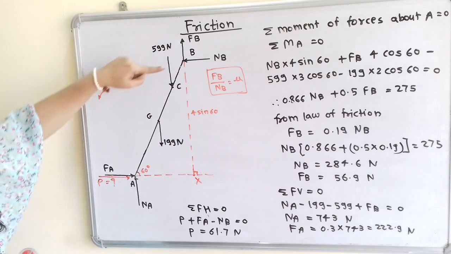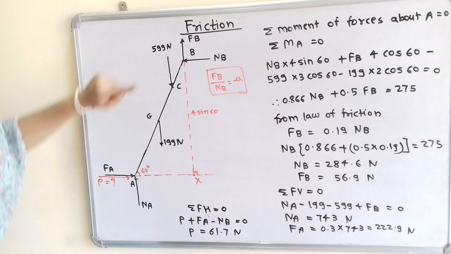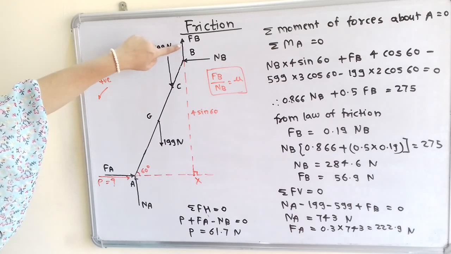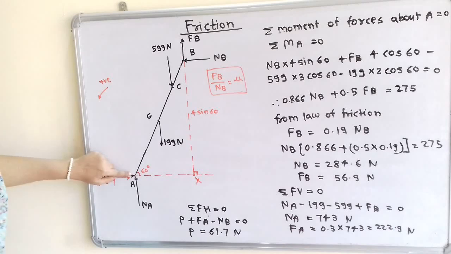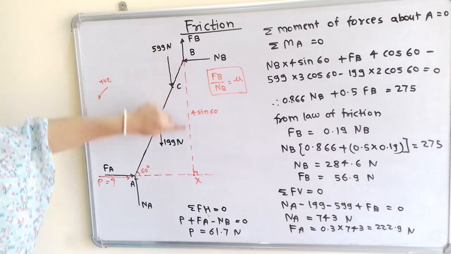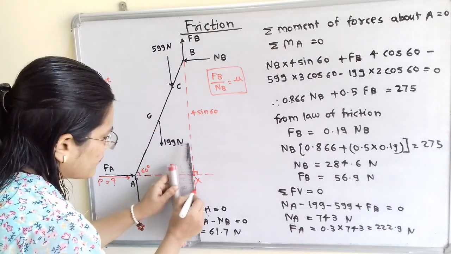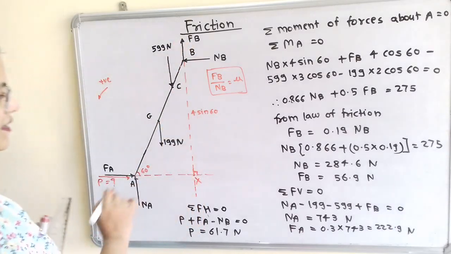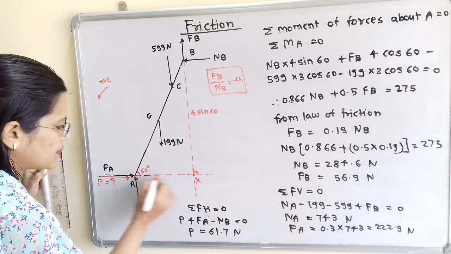For FB also we have to take the perpendicular distance. Now if I draw one line passing through point B, then from point A what is the perpendicular distance? Between this vertical line and this horizontal line, because the force is in the vertical direction, this horizontal line is the perpendicular distance.